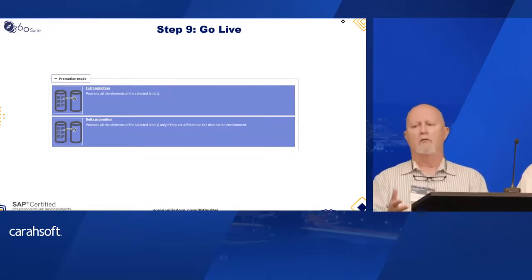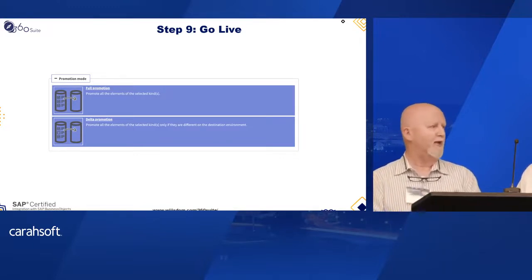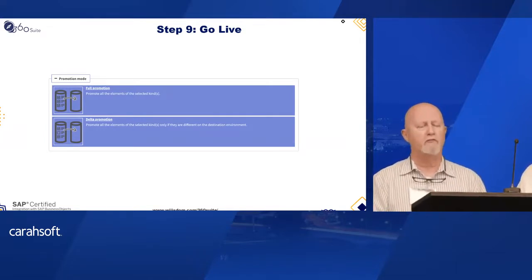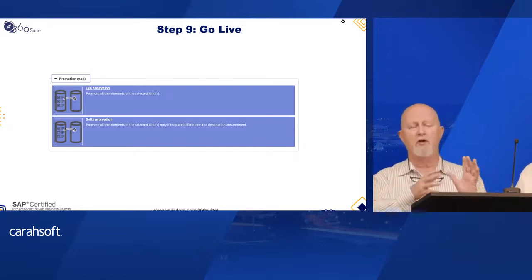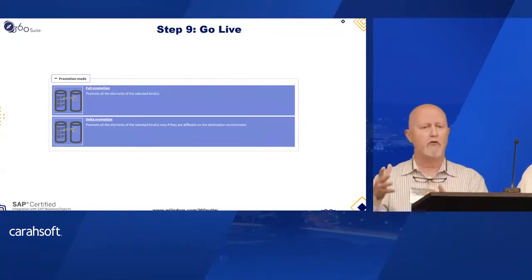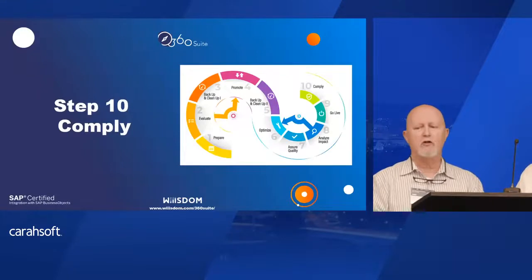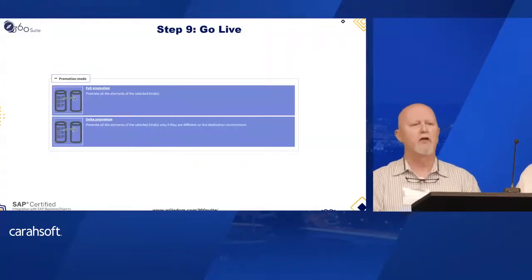But life happens, and your users continued developing reports, modifying them. So what you want to do is a delta promotion, where you're going to grab everything that has changed since the last promotion and import it. 360 Plus does it for you. You don't have to keep a manual log of who changes what. And of course, somebody will not log what they've done. And there you go. You have your delta promotion.